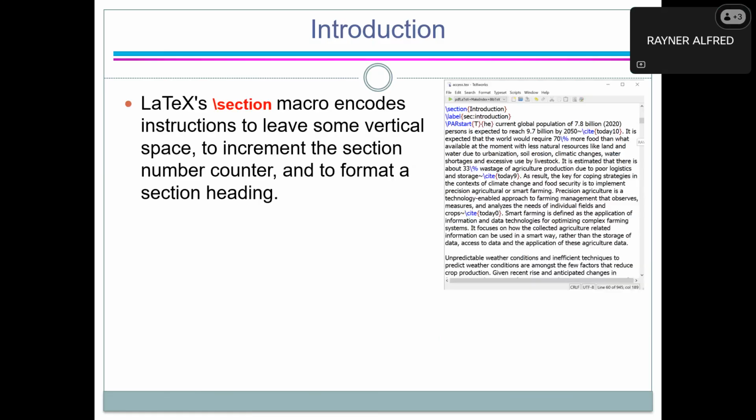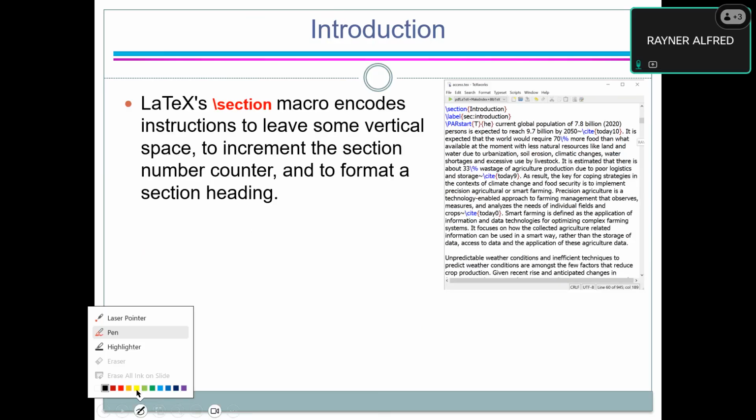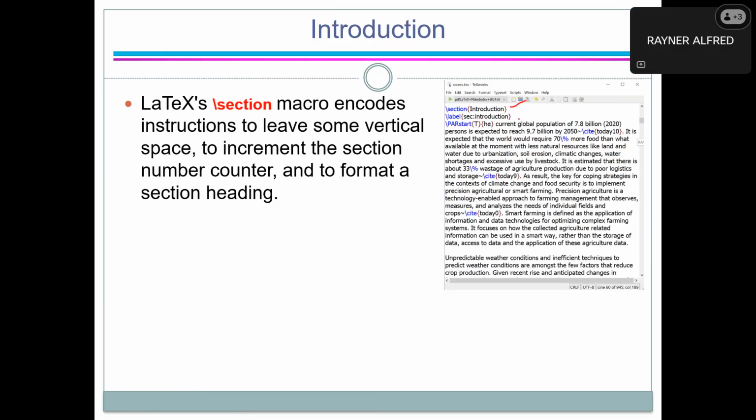Okay, so for example, this is how we write in LaTeX. We say this is the section. Let me highlight. So this is the section, this is the label, and then this is the start, and then we are citing from this reference.